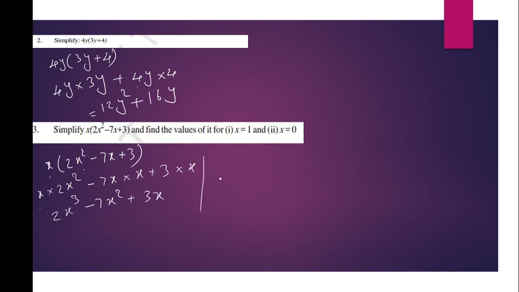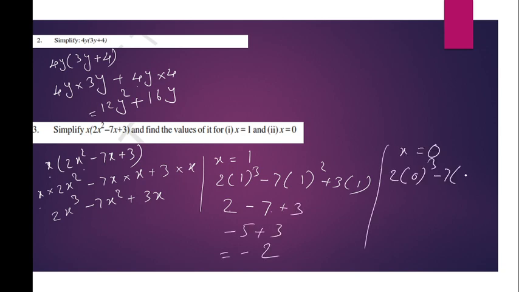Now substitute x equal to 1: 2 into 1 cube minus 7 into 1 square plus 3 into 1. 2 into 1 cube 2 minus 7 into 1 square is 7 plus 3. 2 minus 7 minus 5 plus 3, which is equal to minus 2. If I substitute x equal to 0, 2 into 0 cube minus 7 into 0 square plus 3 into 0. So 2 into 0, 0 minus 0 plus 0, which is equal to 0. So the answer here is 0.